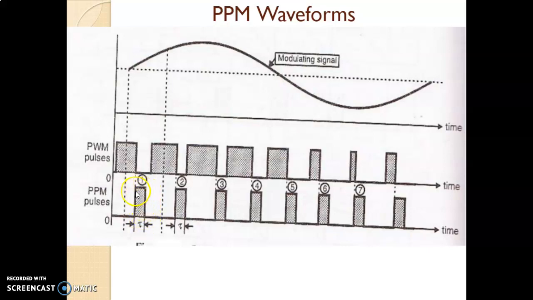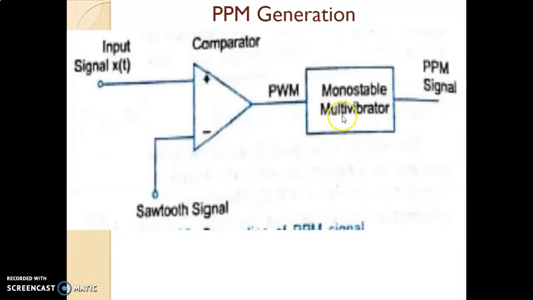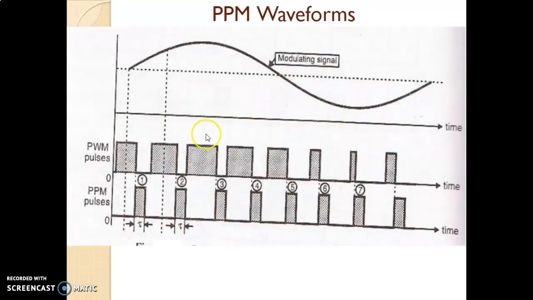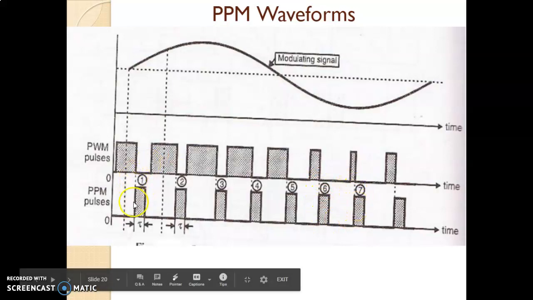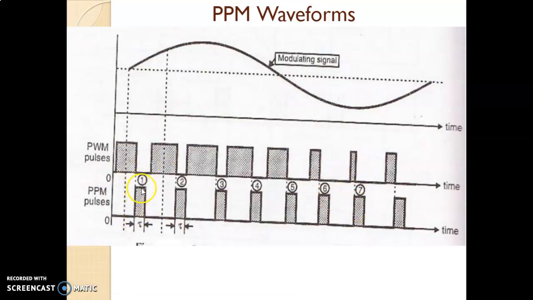This period is decided by the RC time constant of the monostable multivibrator, and triggering of the monostable multivibrator is done by every PWM pulse. That is why in the waveform we have drawn, at every trailing edge of the PWM signal the trigger is given to the monostable multivibrator, and it remains in that quasi-stable state for a certain time decided by the RC time constant, and then automatically returns to the original state.